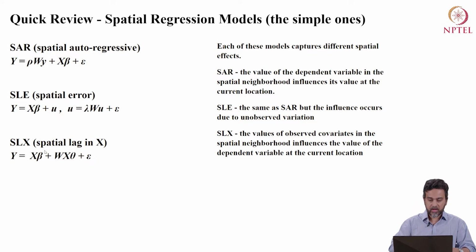So if Y is groundwater level at location i, then X is rainfall, temperature, and cropping at the same location. But theta WX, the second term, this is rainfall, temperature, and cropping in the neighborhoods of i. Right? So we include both.